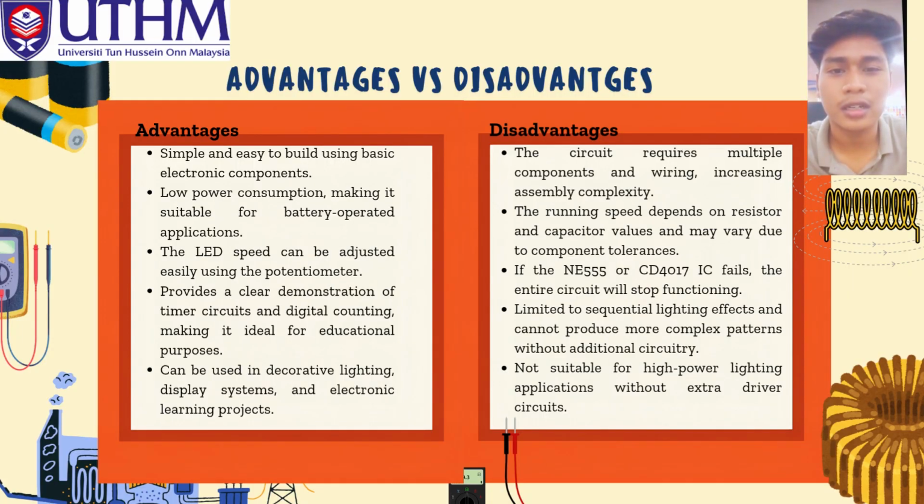Next, you can look at the disadvantages. The first is the circuit requires multiple components and wiring, increasing its assembly complexity. The next, the running speed depends on resistor and capacitor values, and may vary due to component tolerance. The next is if the NE555 or CD4017 IC fails, the entire circuit will stop functioning.